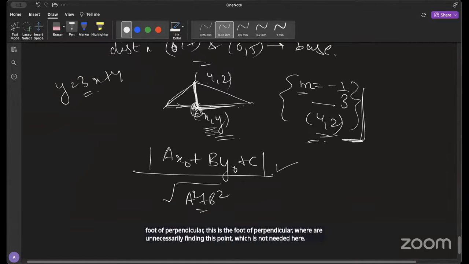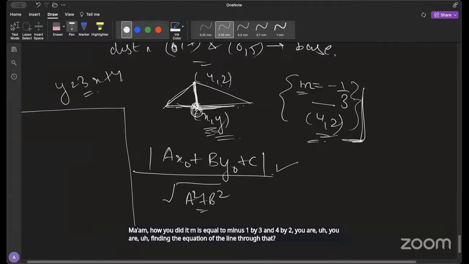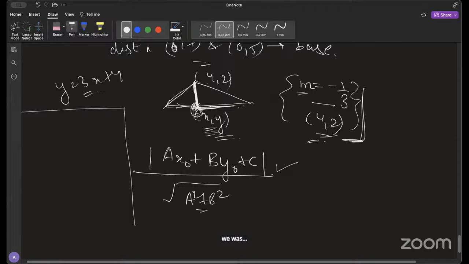Ma'am, how did you do it this way? M is equal to minus 1 by 3 and (4, 2): you are finding the equation of the line through that. Yes, we first find the equation of this line and then find the intersection with this line, so it will be this point. Then you apply the distance formula between the 2 points.